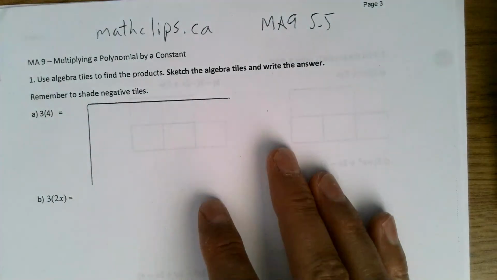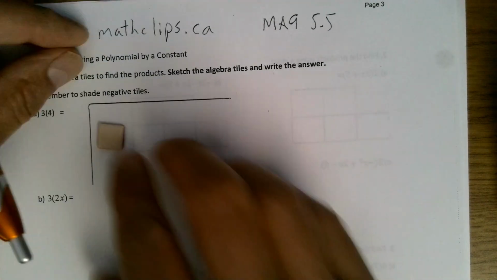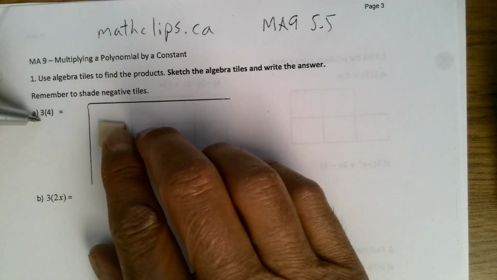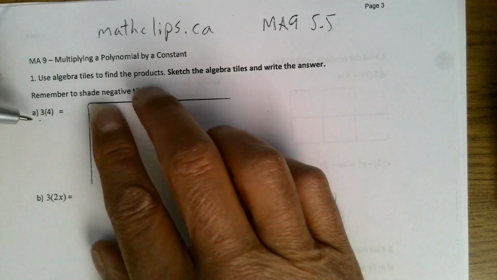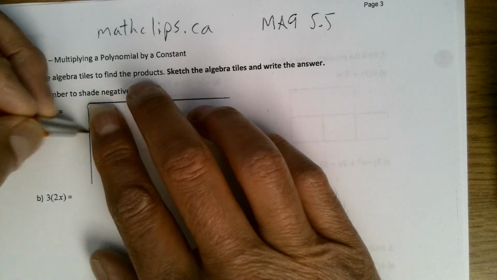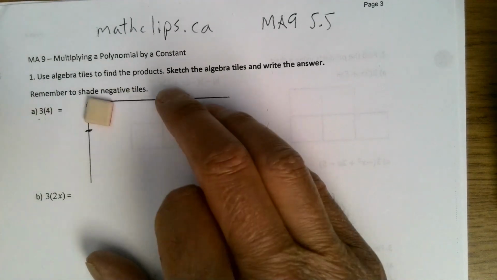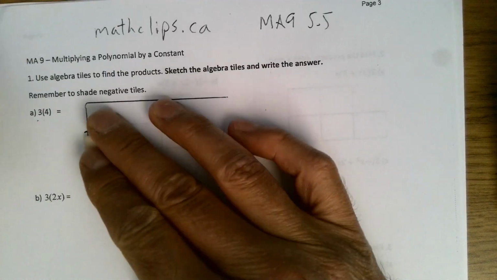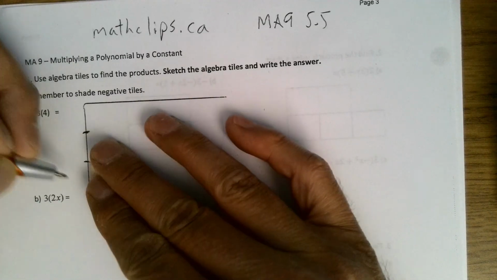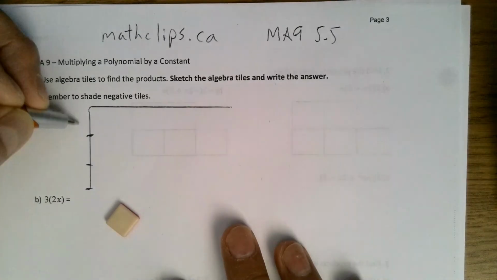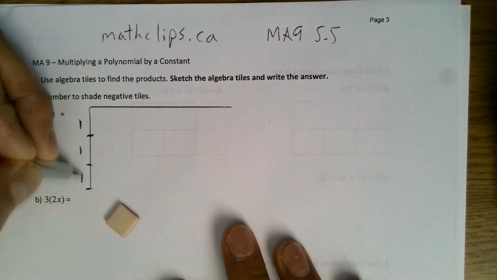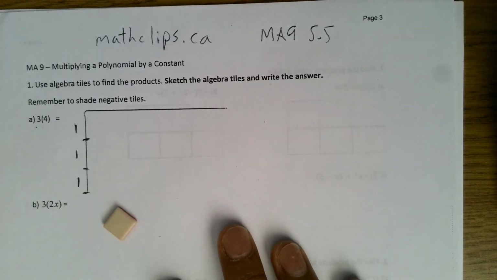Okay, and then the rest of part 1 says we need to use the tiles to measure out these two side lengths, so 3 and 4. So I'm going to put 3 over here. You remember these are 1s. 1 and 1, and I'm going to label that as 1, 1, 1 like that. Notice I do not label it 1, 2, 3.